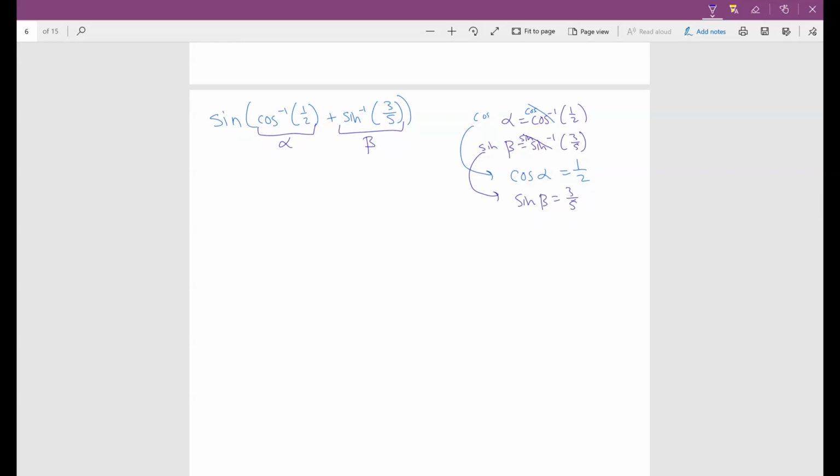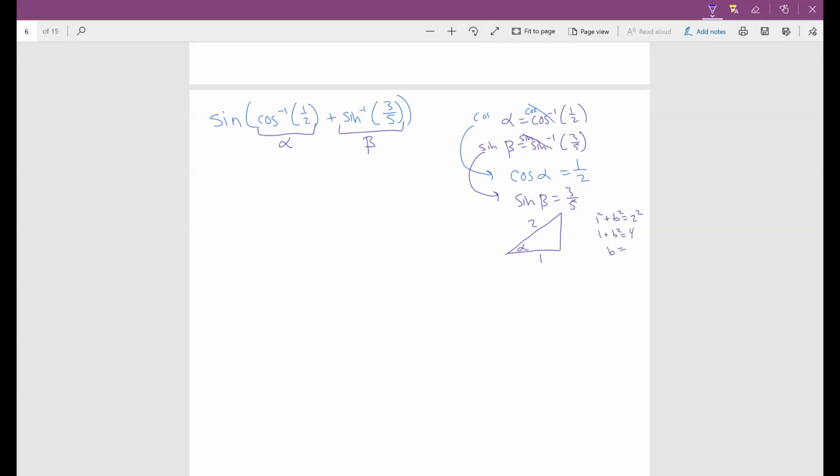So for cosine alpha, we're just going to draw the triangle. So here's alpha, okay? And cosine alpha, we know that it's adjacent over hypotenuse. So then we're just going to do 1 squared plus b squared equals 2 squared. So we're going to have 1 plus b squared equals 4.